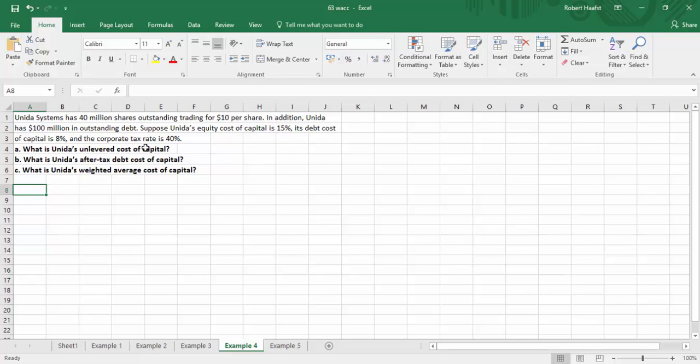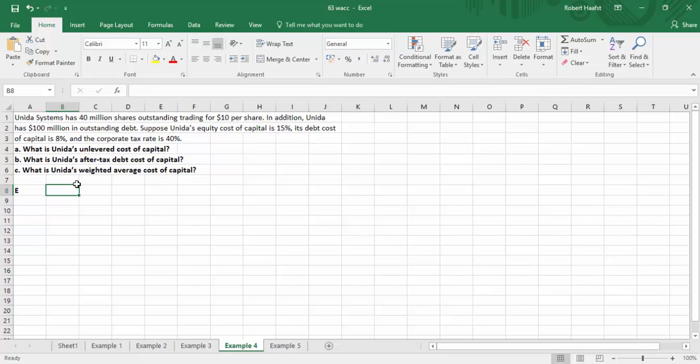And again, a tax rate of 40%. So we have now three questions. What's the unlevered cost of capital? What's the after-tax debt cost of capital? And what's the weighted average cost of capital? Well, we will start again from the beginning.